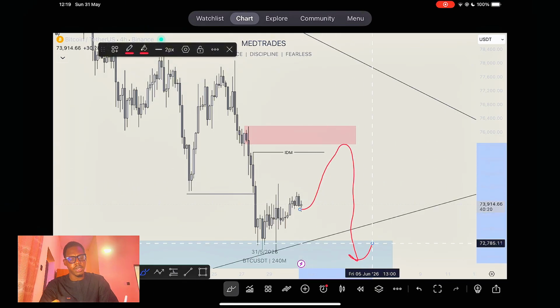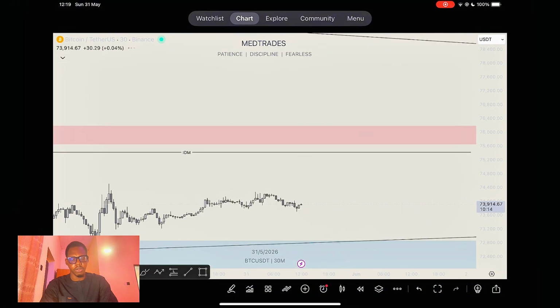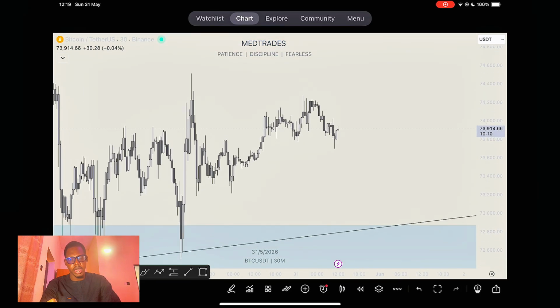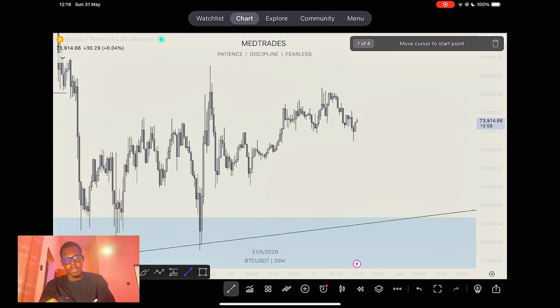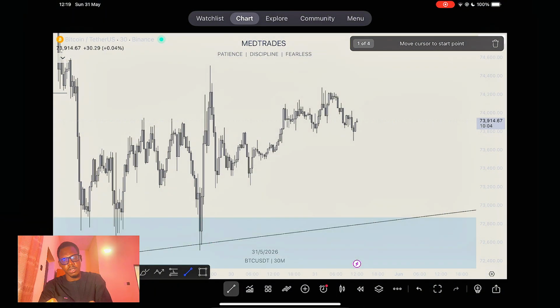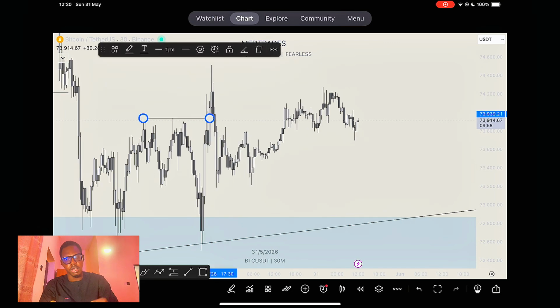So right now I go back to my 30 minutes time frame to look for confirmation. So price came here, right? Took out this high. Okay, wait, let me explain this.